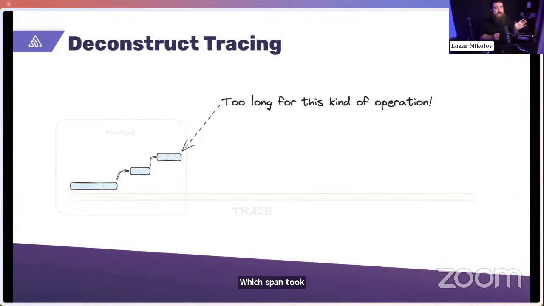Because if this span is for sorting data and it takes the longest, or it's the biggest span of the whole operation, and we know that there's a slowdown issue in that, then we can clearly see that the issue is in the way that we're sorting the data, right? That's the killer feature in tracing, because we can visualize them and the answer will just jump out. We're using a Gantt chart, of course.